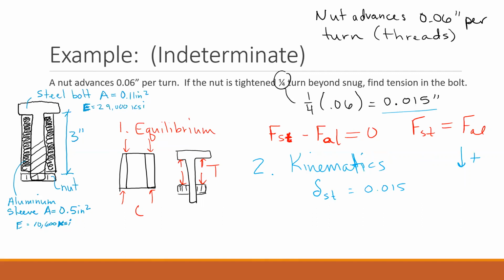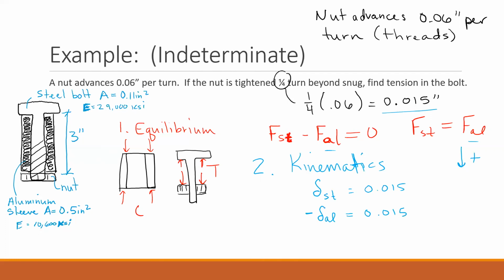On the contrary, if this bolt were rigid and we were looking at just the sleeve compressing, I'd put a negative sign there, because my elongation is positive since I assumed a positive value for the force. So that negative elongation would have to give me that full 0.015 inches.